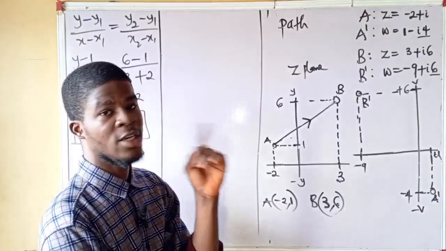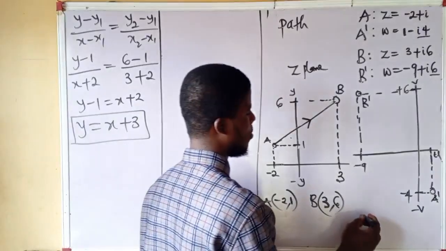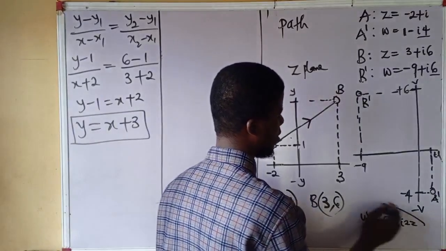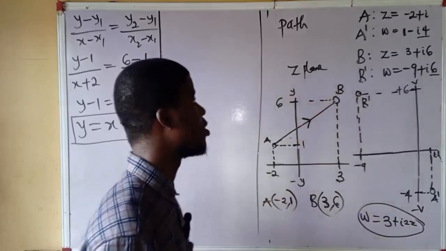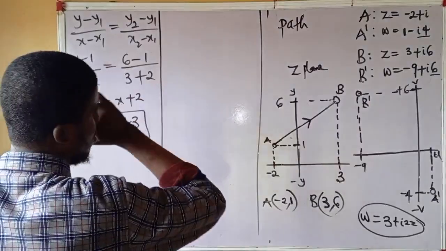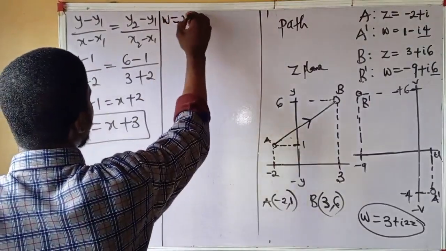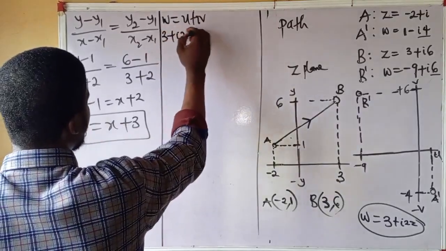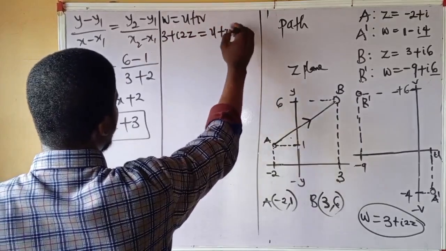The transformation equation they gave to us was W equal to 3 plus i2Z. This is the transformation equation we use to determine the images of A and B, right? And we follow the process that says W equal to U plus iV. And W is 3 plus i2Z, which is U plus iV.